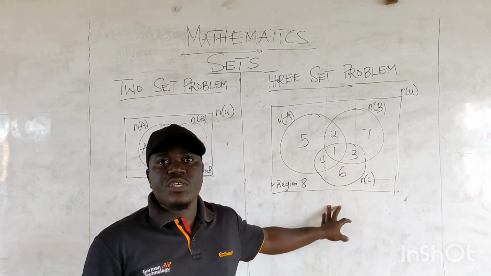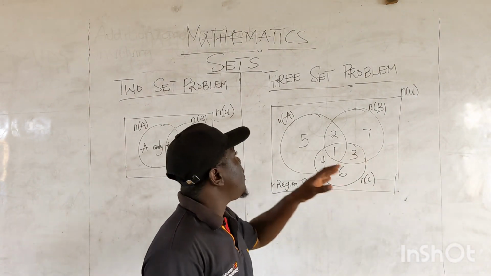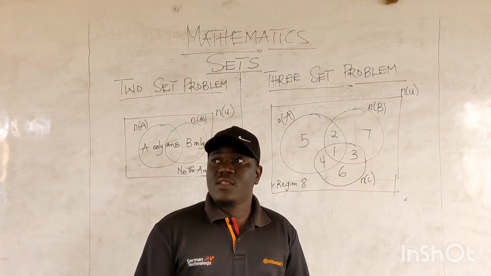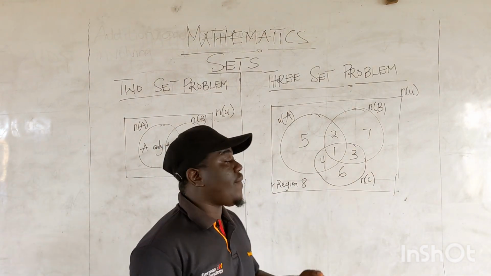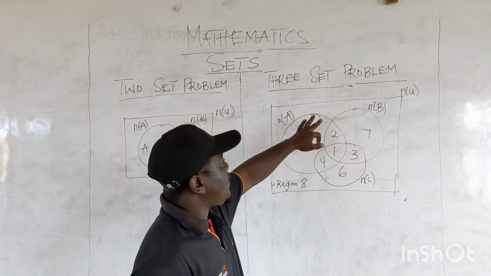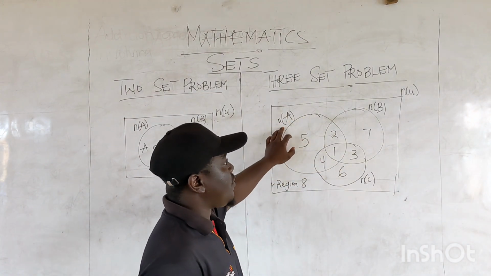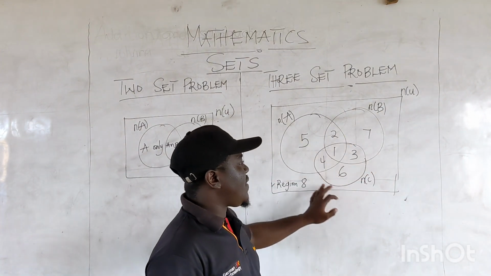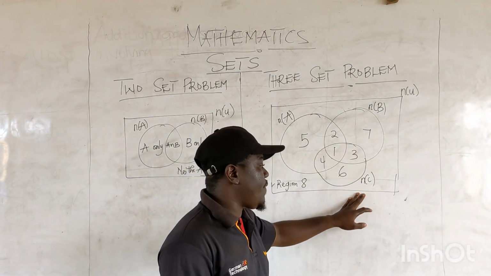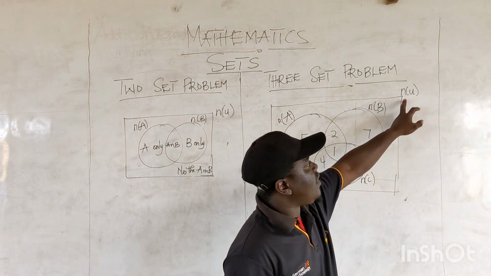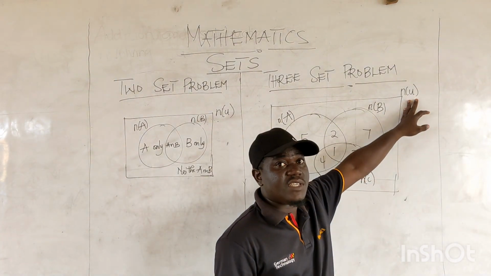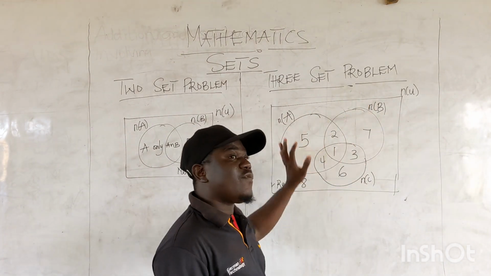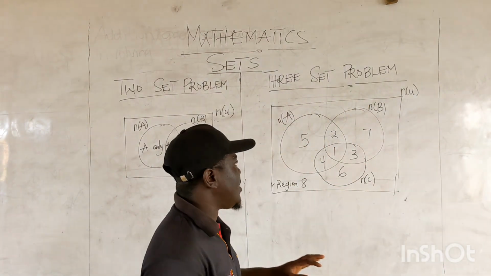Now when we look at the three-set problem, that has to do with three different sets that are intersecting each other. We have the first set, our number of A, the second set being our number of B, and the third set being our number of C. Then we have our number of U, which is the universal set that contains all the three sets, or is the mother set for all the three sets we are looking at.